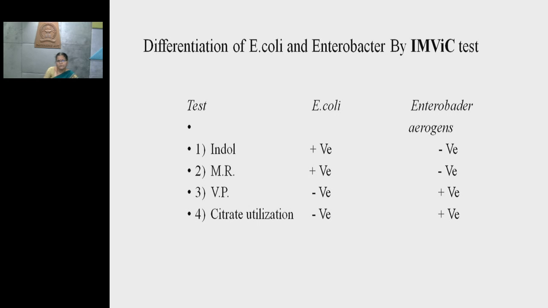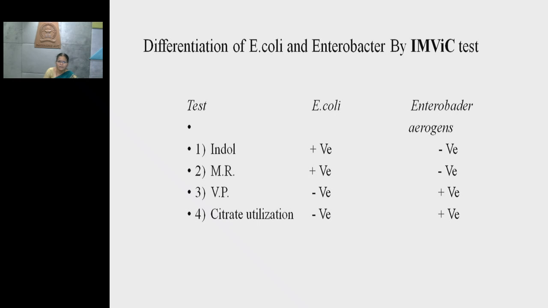This particular chart shows you how the IMViC test differentiates E. coli from Enterobacter. So if we perform Indole test using the tryptone water or peptone water, methyl red using the GPB medium, and VP test using the GPB medium, citrate utilization test using the Koser citrate medium, you can get the results like this.